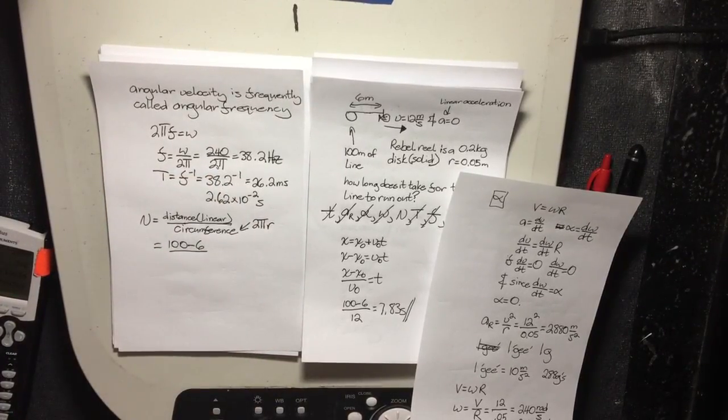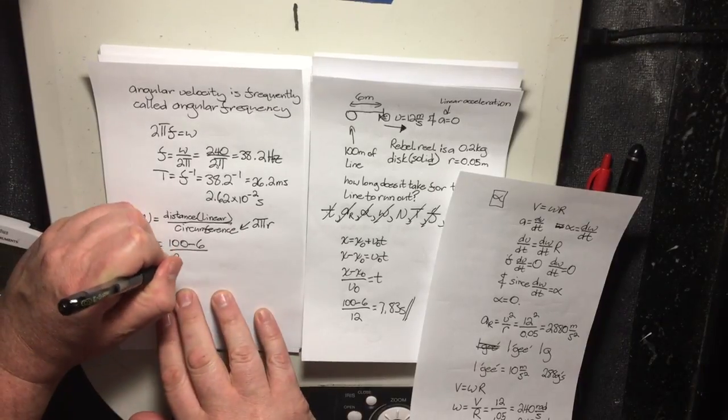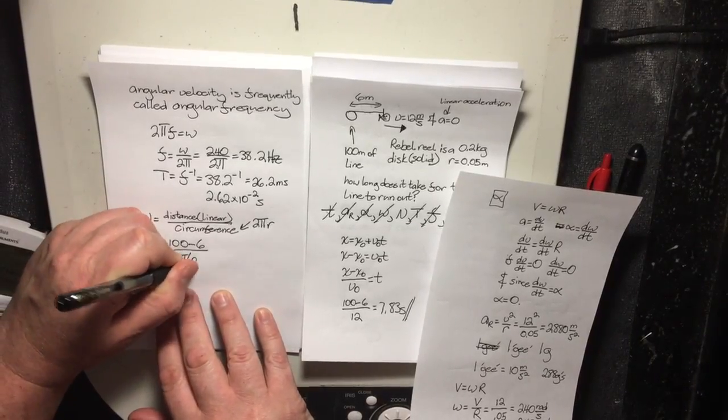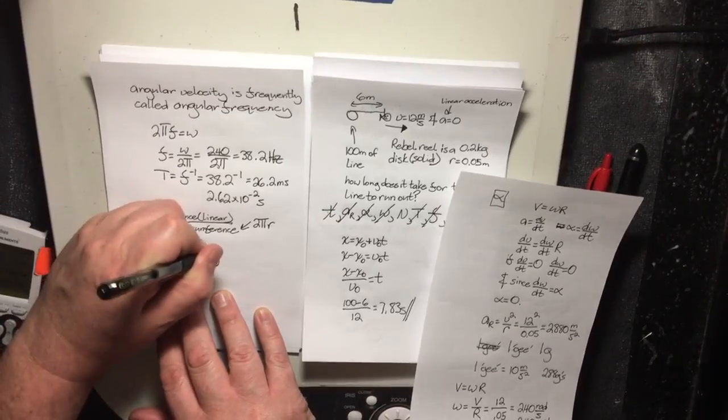Circumference of a circle, or 2 pi r, will not be in the equation list. You are a human. You should know what the circumference of a circle is, just like you should know what an area of a circle is, because you're an adult. So this is 2 pi 0.05.